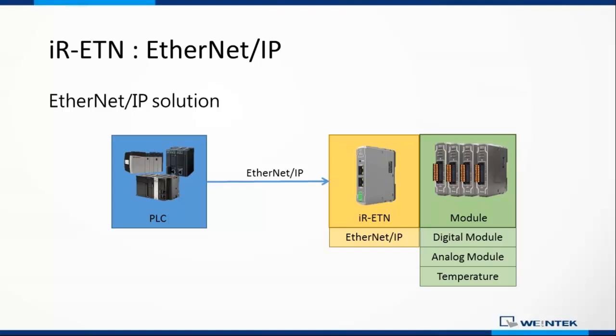And the configuration of Ethernet IP is very simple, because Ethernet IP, like EtherCAT or CANopen, has its own EDS file. So just import the EDS file into the controller, and we can control the IR module from another brand of PLC.